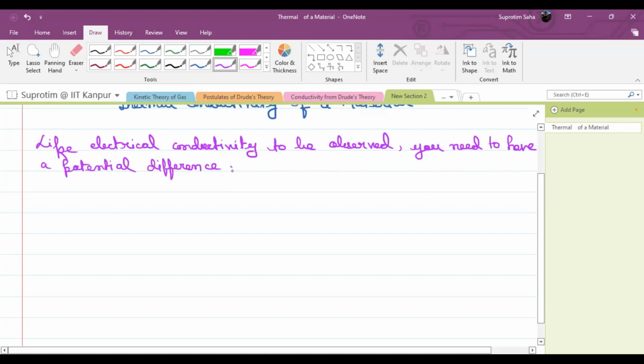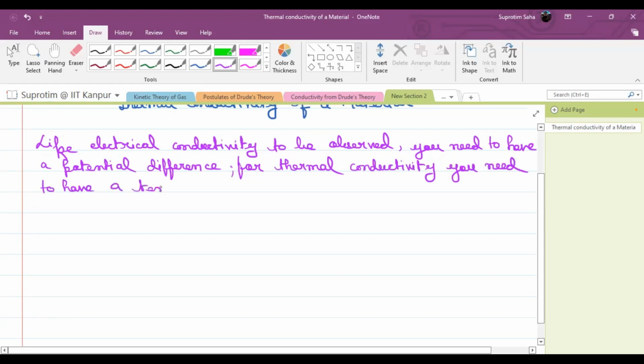For thermal conductivity, you need to have a temperature gradient.